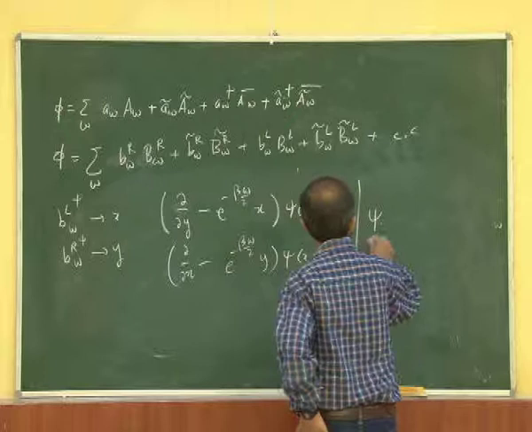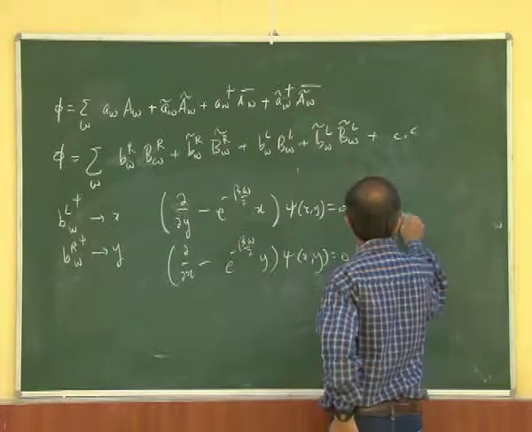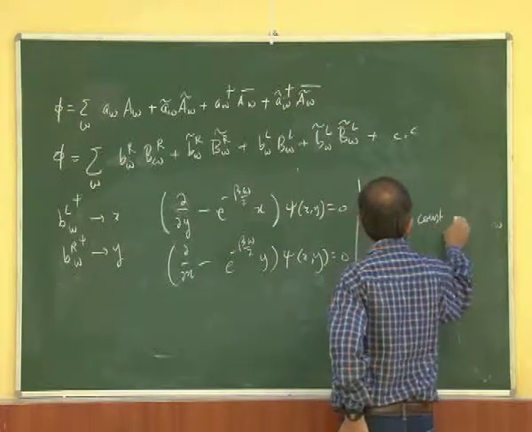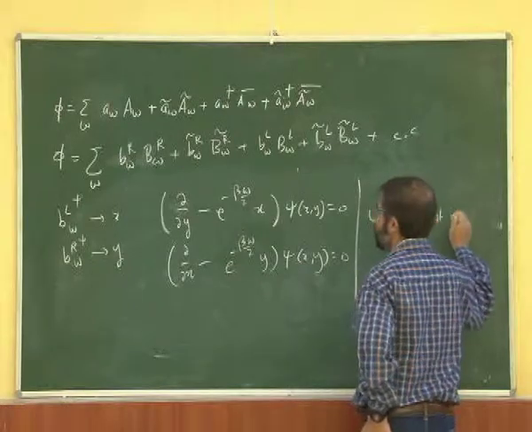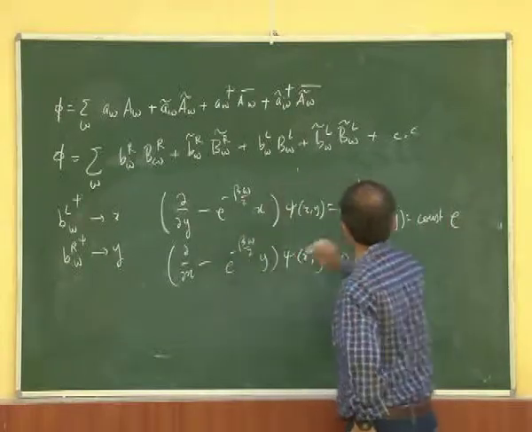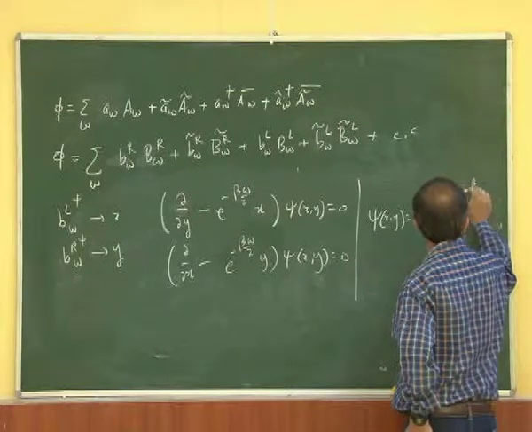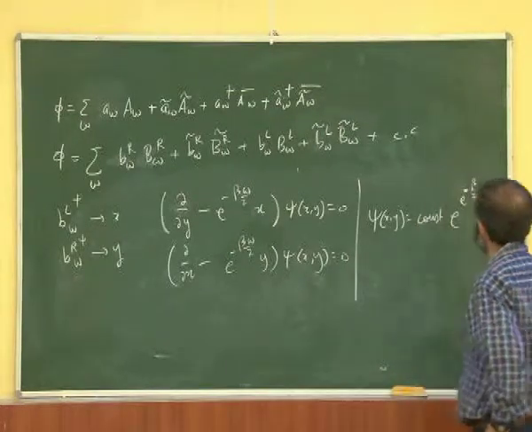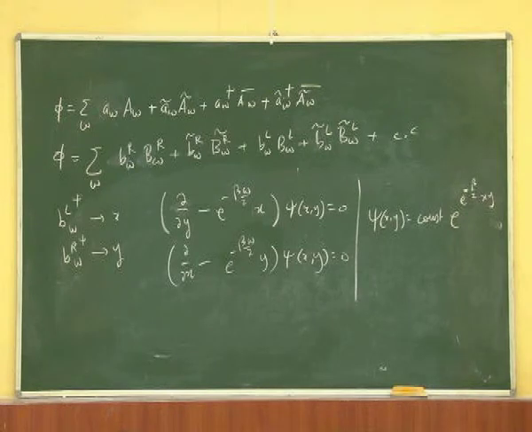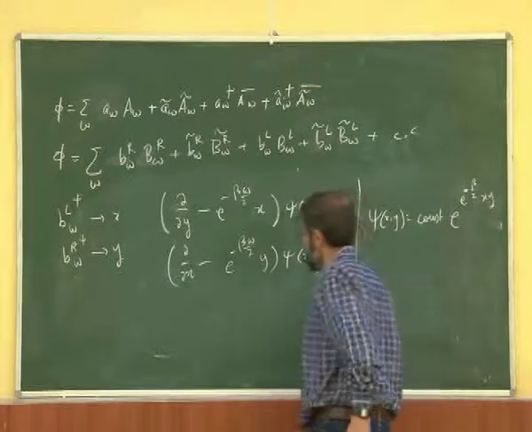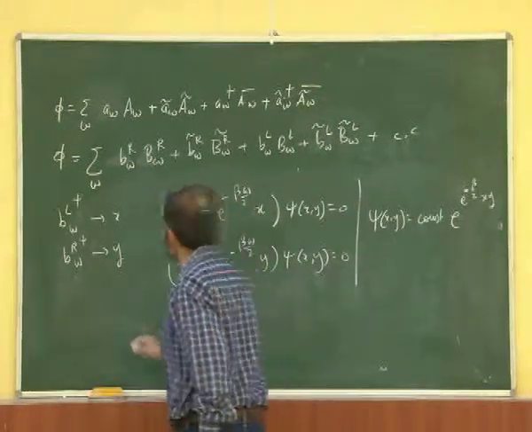In terms of this, it is a constant times exponential of this factor x times y. Written back in terms of oscillators, we have found the result.